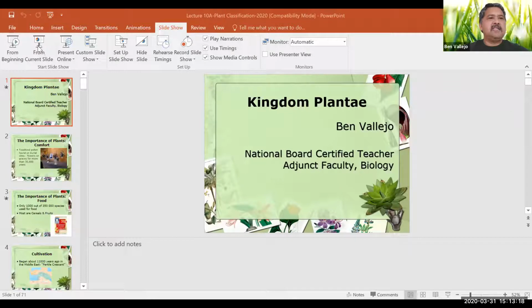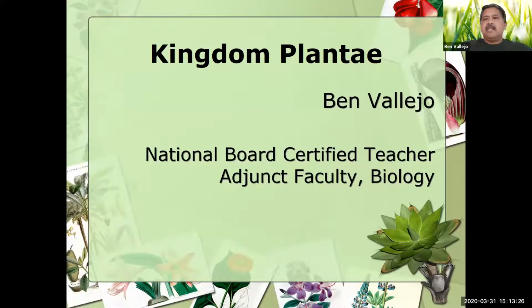So in today's topic, we're going to look at the plant kingdom. Remember, in classification, we know that there are 6 kingdoms, and we've already looked at the 2 bacteria kingdoms, the Protista and the fungi.